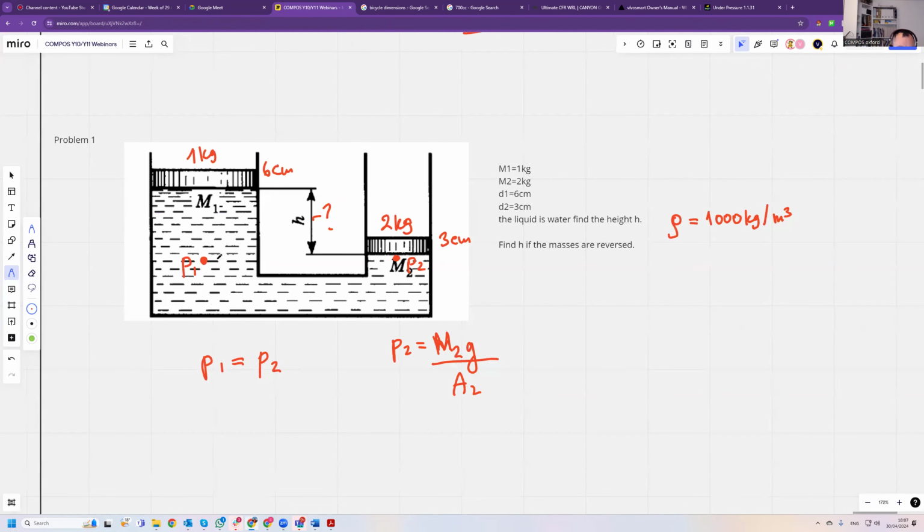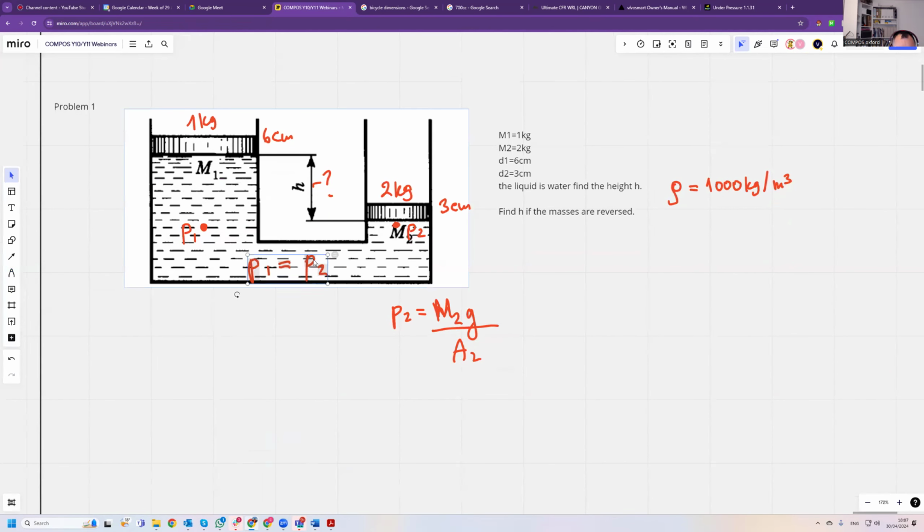And for this piston, the pressure P1 is equal to the pressure produced by the piston, which is M1G over A1, plus the extra pressure from the depth, plus rho GH.